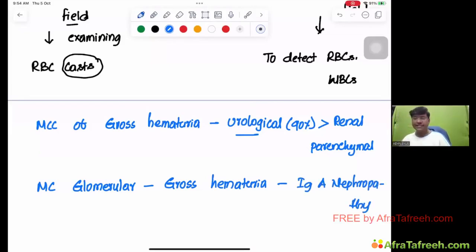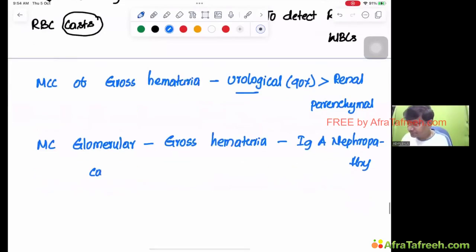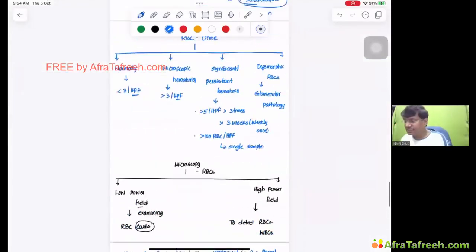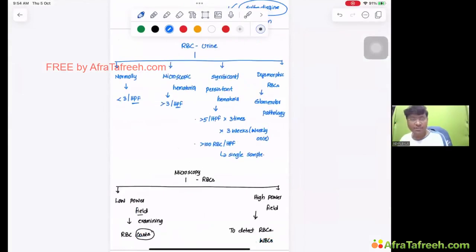Right, that will be IgA nephropathy. So IgA nephropathy is the most common glomerular cause for gross hematuria.